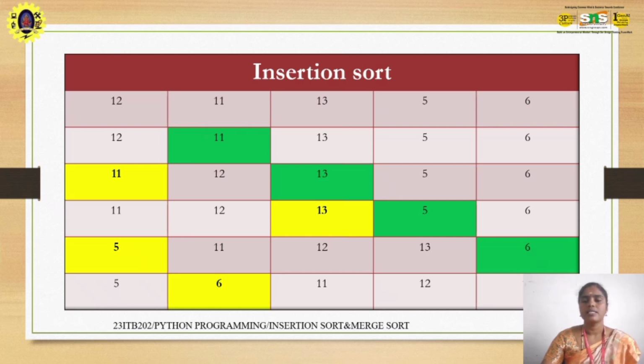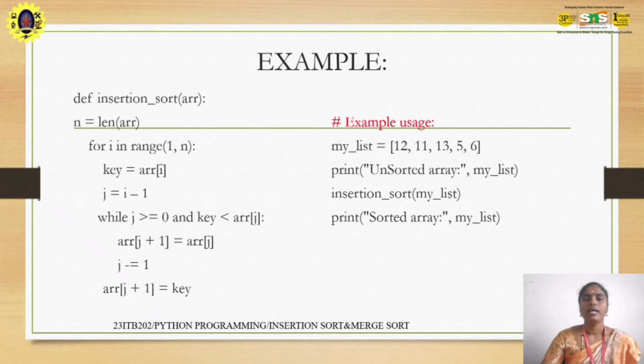And in the last step, we consider the value 6 and compare to the values in the sorted array. 6 is the smallest element when compared to 11 and 12, and it is the greater value when compared to 5. So we place the 6 between 5 and 11. Clear?